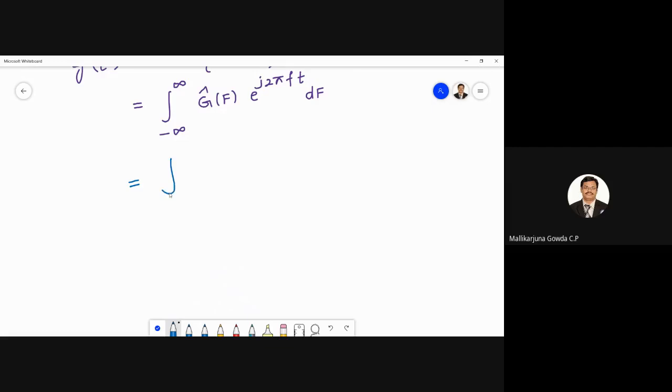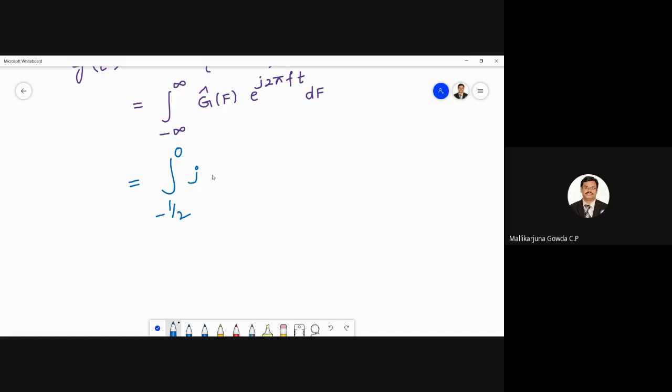Yes, from minus 1 by 2 to 0. Right? From minus 1 by 2 to 0, the value of g cap of f is what? It is j, isn't it?